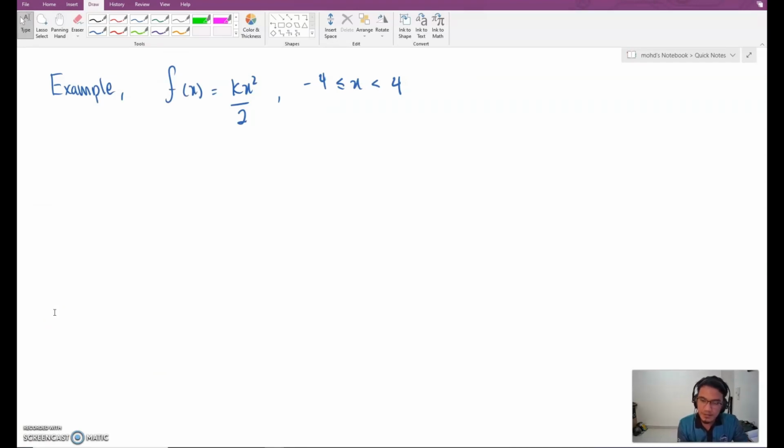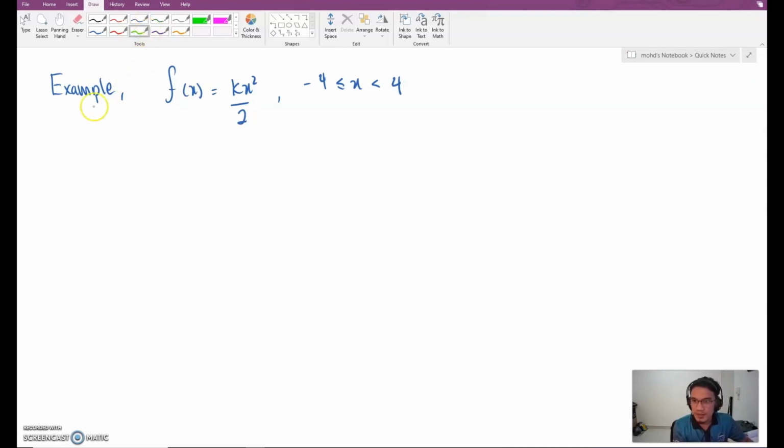We are given a probability density function f(x) equal to kx squared over 2, and this function is only available for x within the range of -4 to +4. The first thing we have to do is find the value of k, so we can remove the unknown in the function. To find k, we know the total area under the graph is equal to 1.